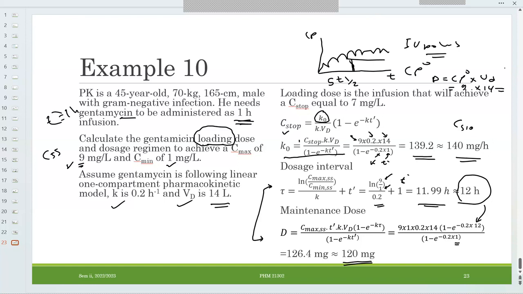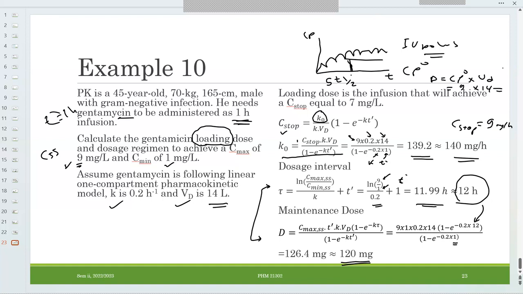It will achieve a C stop or Cmax equal to the one that we need to achieve at steady state, that is 9 milligram per liter. By the end of this dosage interval, Cmin will be equal to Cmin at steady state, which is expected to be 1. And then the next infusions will be according to the calculated 120 milligram.